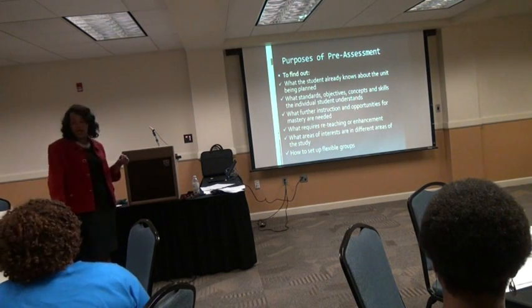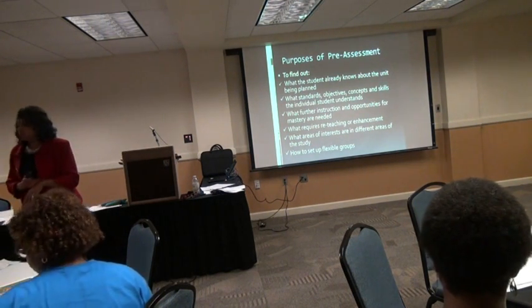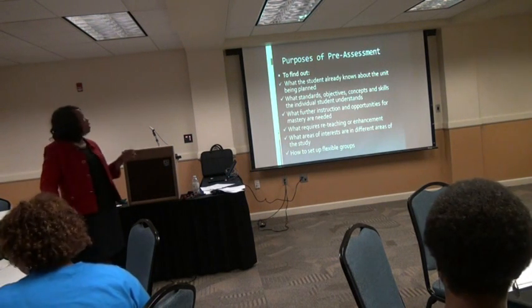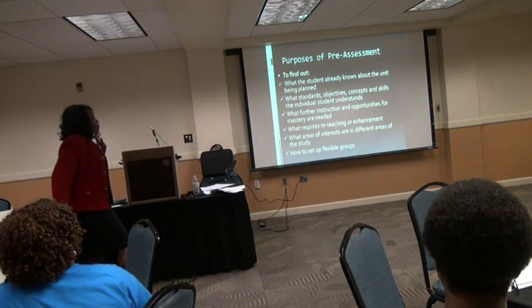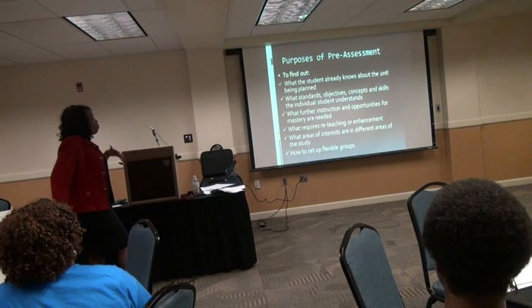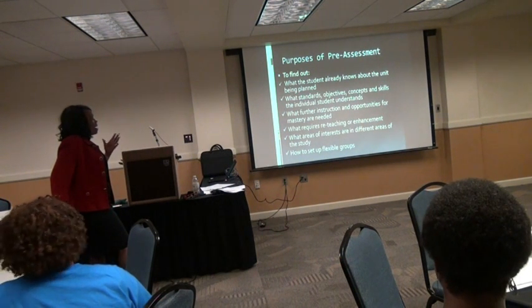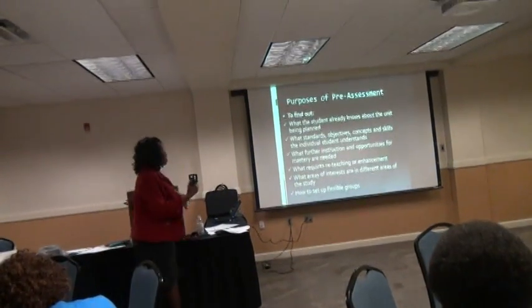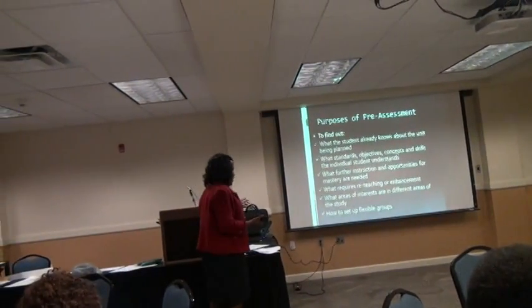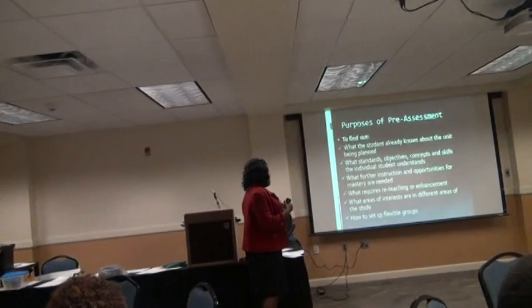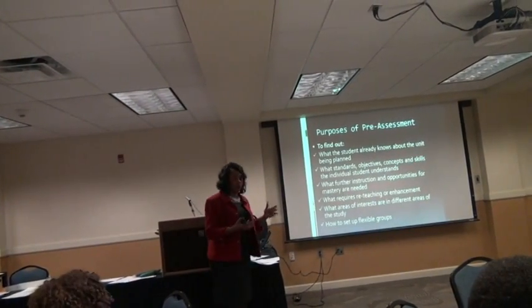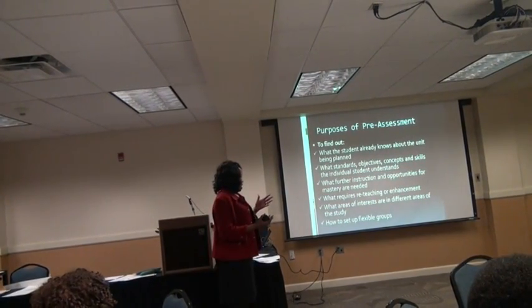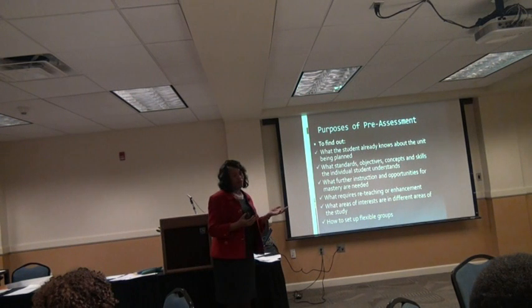And so we've already looked at some things that we can do for pre-assessment by using what kind of cards are on the table? Yes, no. We're going to look at a couple of others. When we pre-assess students, we want to find out what the student already knows about the unit, what standards, objectives, concepts, skills the student might already understand, what further instruction opportunities of mastery are needed, how to set up my flexible groups.